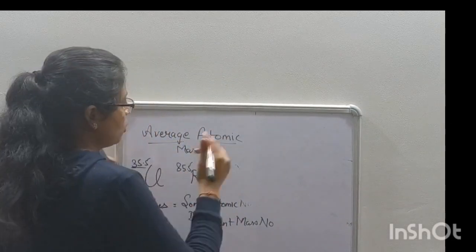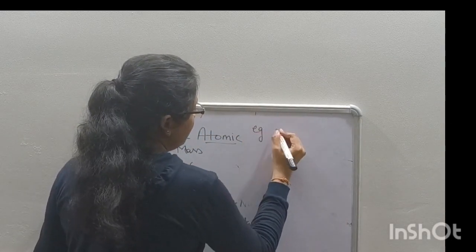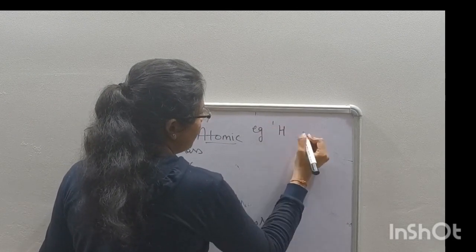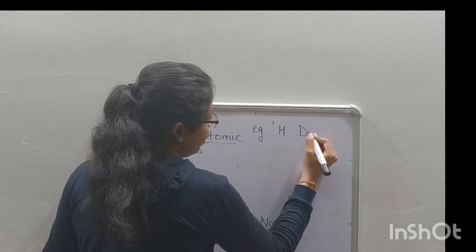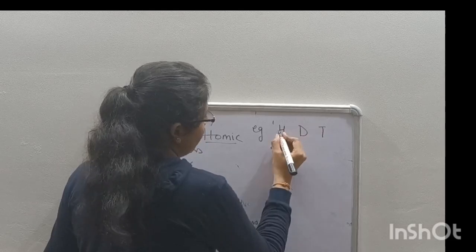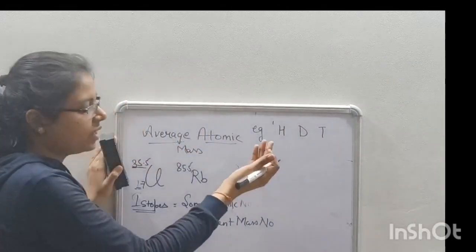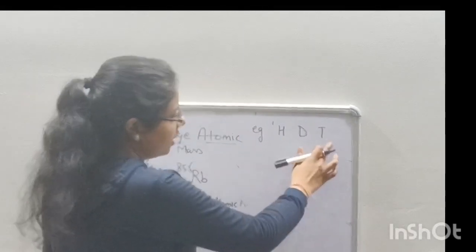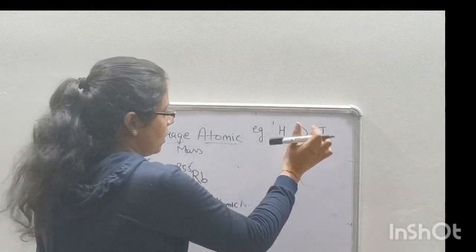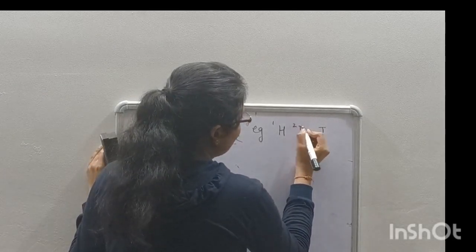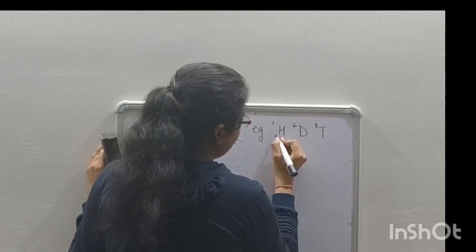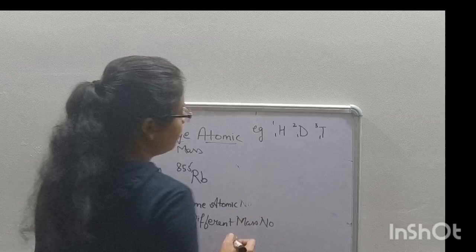So examples of isotopes: hydrogen, deuterium, and tritium. It will be represented like this, or we can represent it in the form of H as well. There is no need to write D or T, we can write H as well. Okay, so it will be 2, 3, 1, 1, 1.